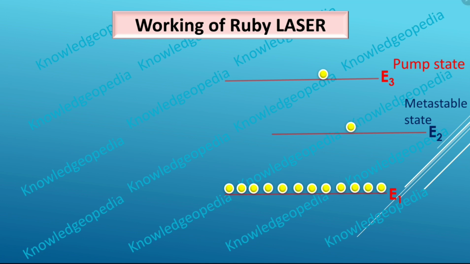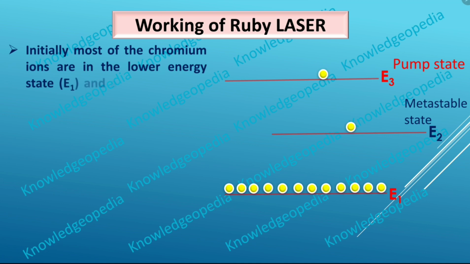So basically there are three energy levels involved. E1 is the ground state, E3 is the pump state and E2 is the metastable state. Initially most of the chromium ions lie in the lower energy state, that is E1, and very few are there in the excited states E2 and E3.